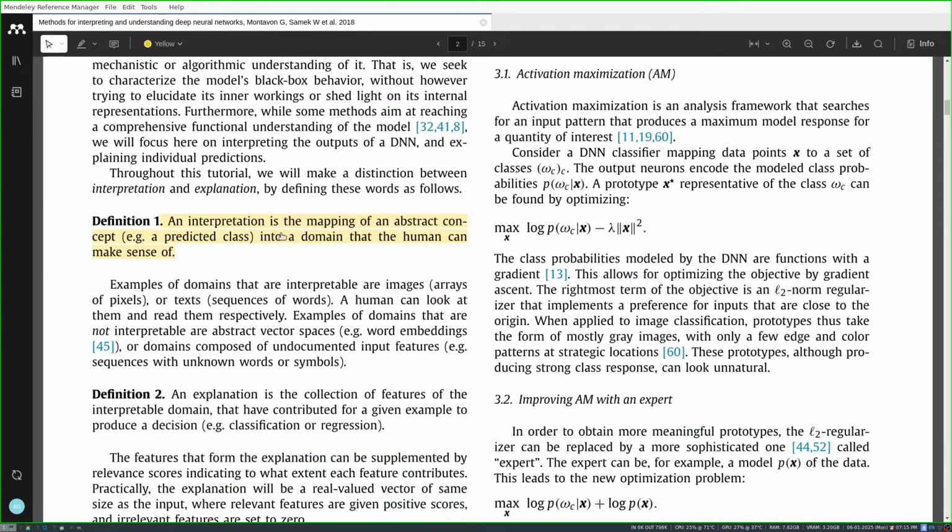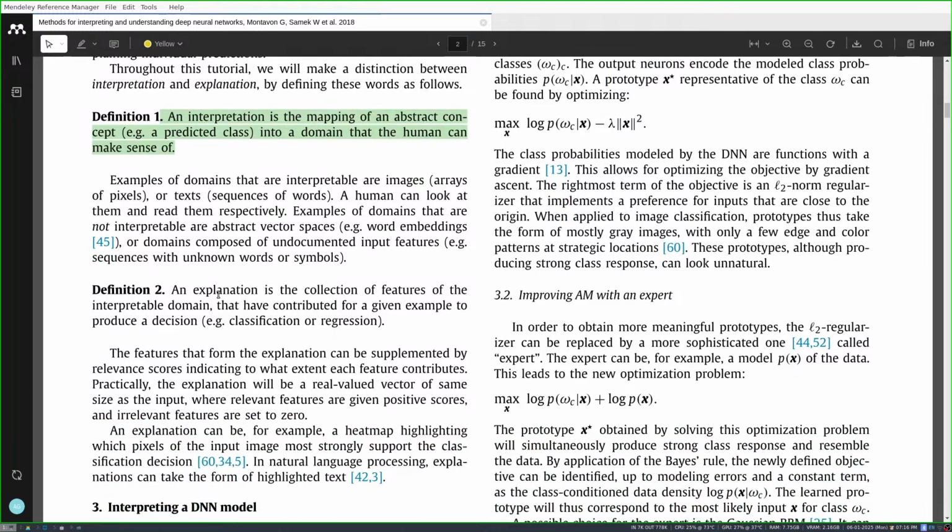Examples of domains that are interpretable are images and text. A human can look at them or read them, respectively. Examples of domains that are not interpretable are abstract vector spaces, word embeddings, or a domain composed of undocumented input features.